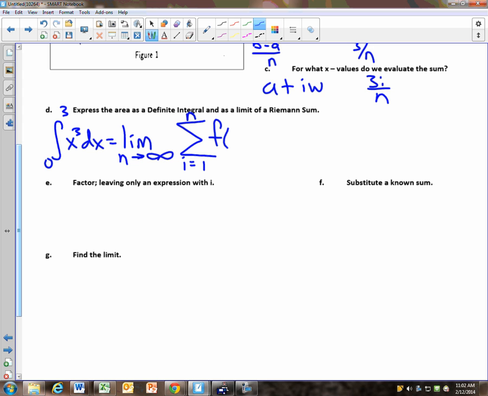f of, where do we evaluate the heights? 3i over n, times the width. The sum of the heights times the width. What's the width? 3 over n. That's your delta. Very good, Larry.